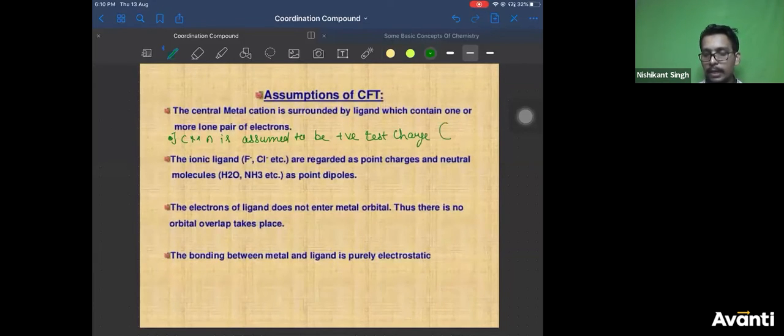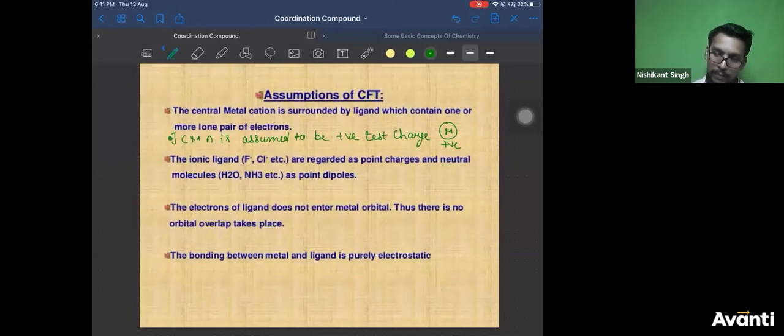That means the central metal atom has a positive charge. So you can assume the central metal atom as a cation.